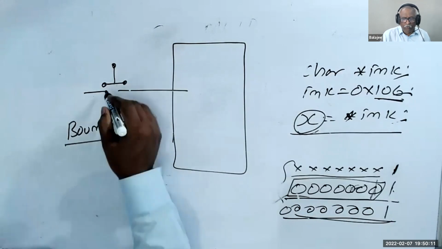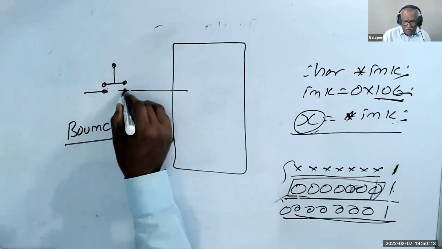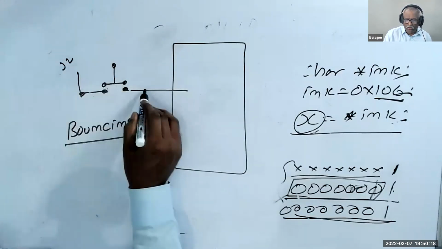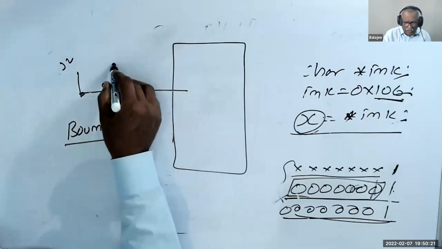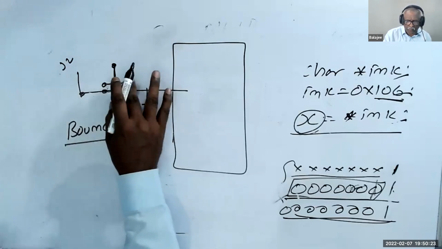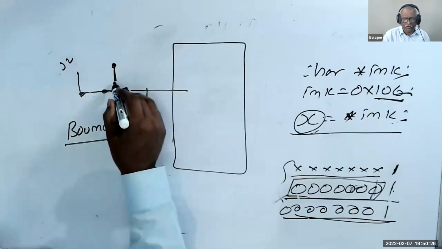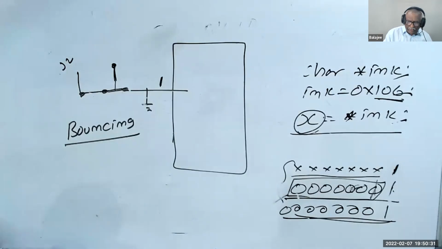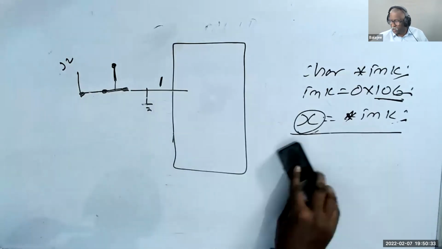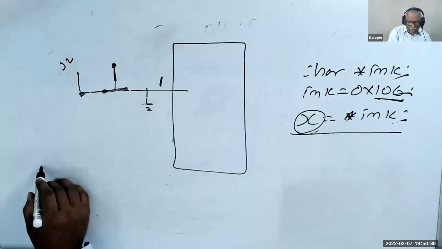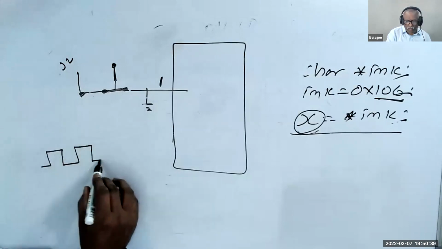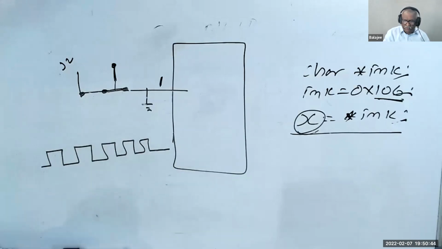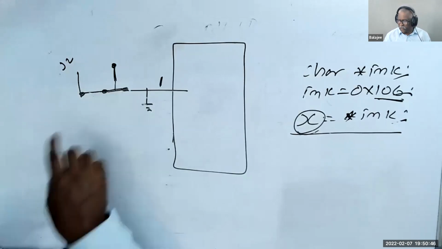Because of the mechanical contact, you think that with 5 volts and ground, when I press the switch, I get 1 here always. No, that is not happening. Actually, what is happening is, this goes to high and low, then finally it steps down to 1. That is, when you press the switch, this goes high and low.